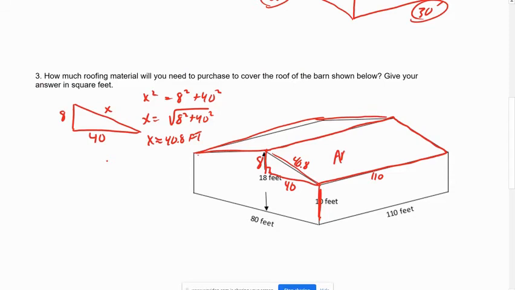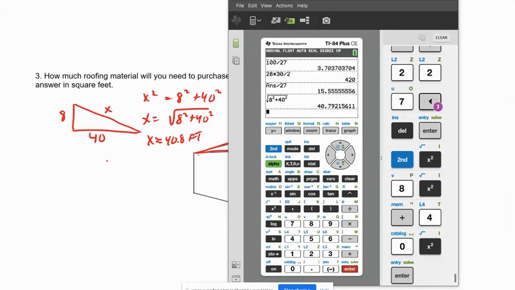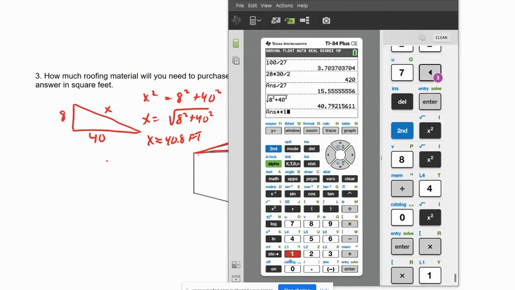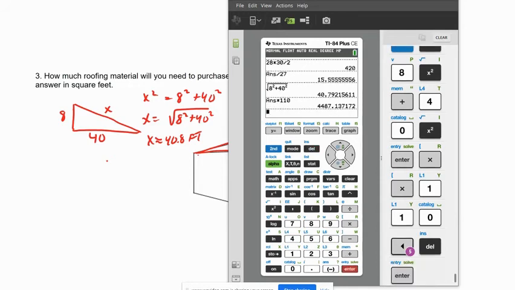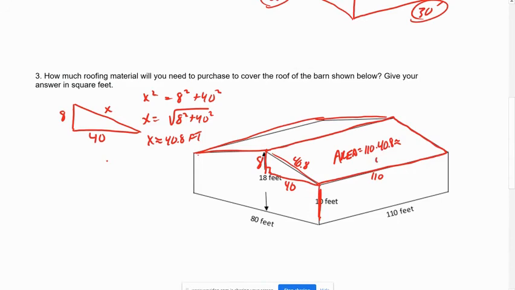So the area is 110 times 40.8. That is about 4,487 square feet.